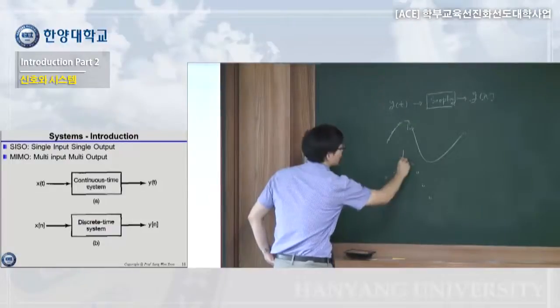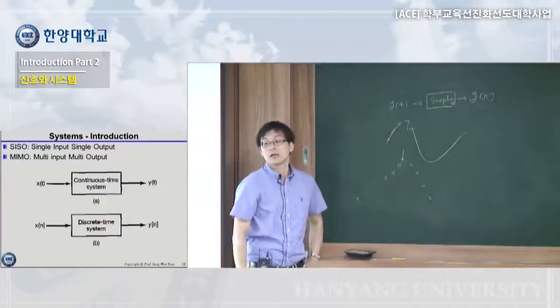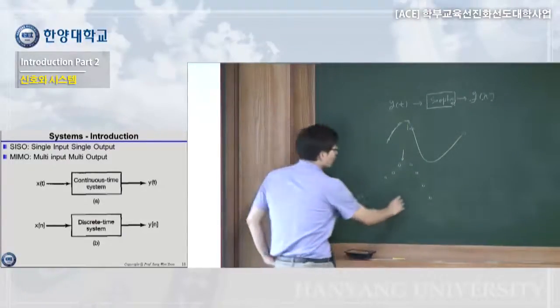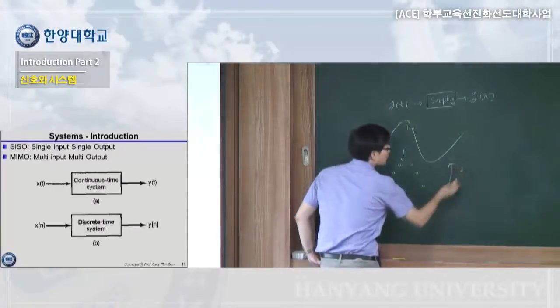So we change continuous to discrete time likewise. How can we go back to here? How can we go back to here?